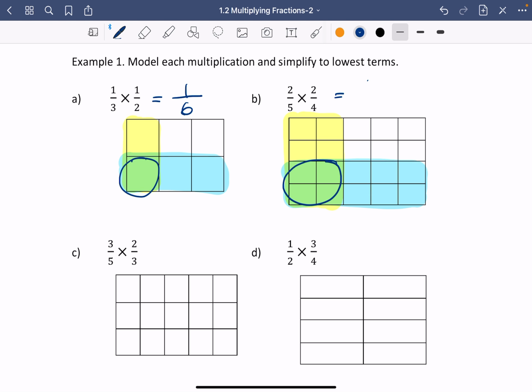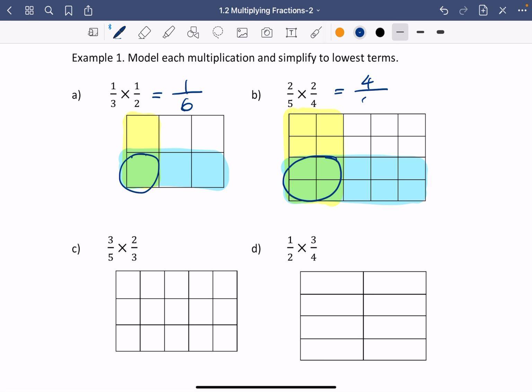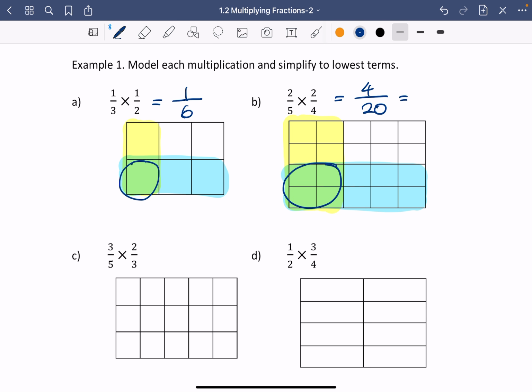This part is 4 out of how many squares or pieces in total? 1, 2, 3, 4. 1, 2, 3, 4, 5. So 20. And if you simplify it by dividing both the numerator and denominator by 4, you get 1/5. Okay.